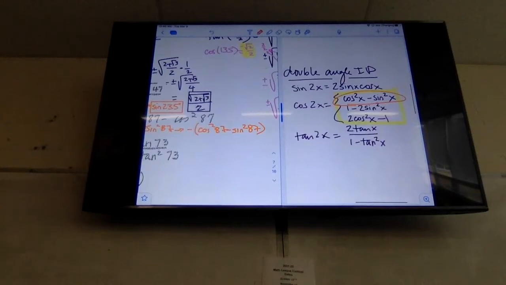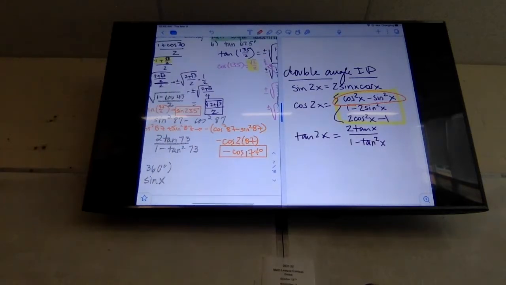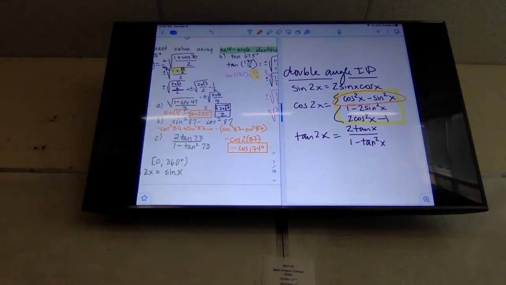So we're going to do cosine of 2 times my angle, which is 87. So we had to flip it. We had to take out the negative. And then I had to take my 87 and multiply it by 2.